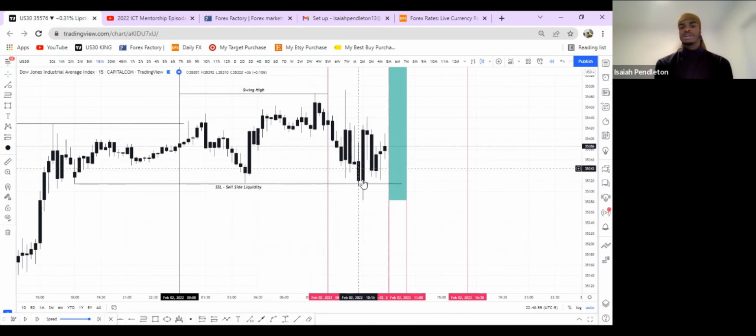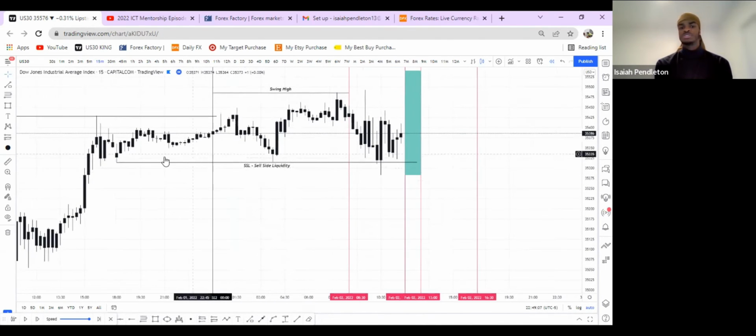And then price came down after this move and took all the liquidity down from here, which was buyers that were buying here, had their stop loss below here, and then sellers who had their sell stops here, and then it activated and wanted price to go lower.